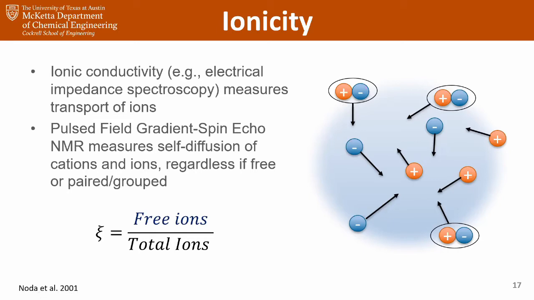And that self-diffusion doesn't know whether or not the anion or the cation is paired or not paired over the time frame of the measurements. And so that tells us about the movement of all of the cations and anions. So that's related to the total ions, the ionic conductivity to the free ions. And so then we take the ratio of those two to get the dissociation.